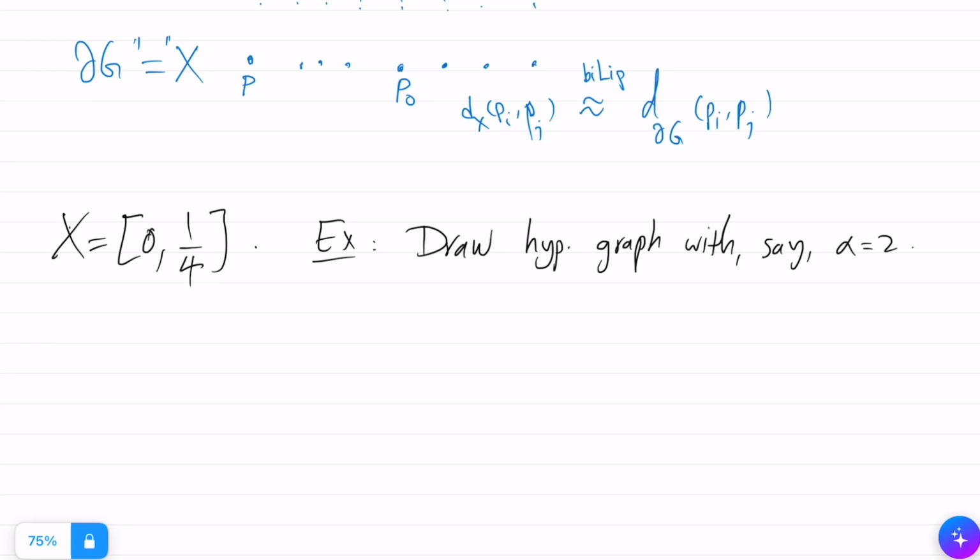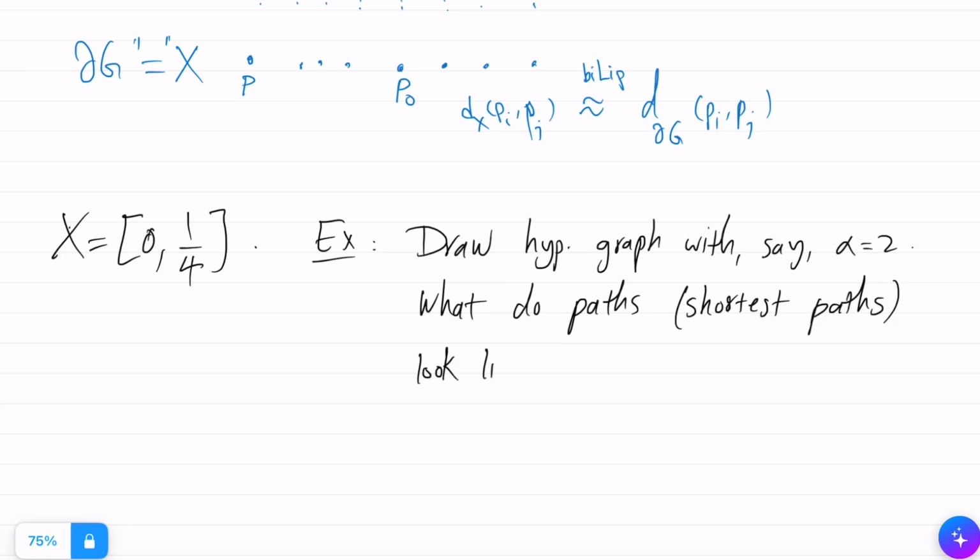And maybe what do paths look like? What do paths, or shortest paths for the distance, look like in the graph G_D?